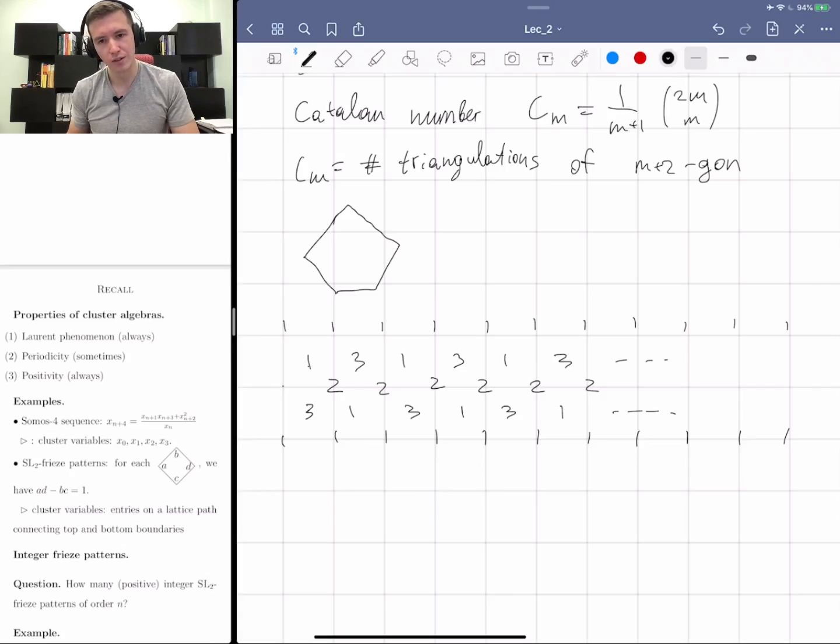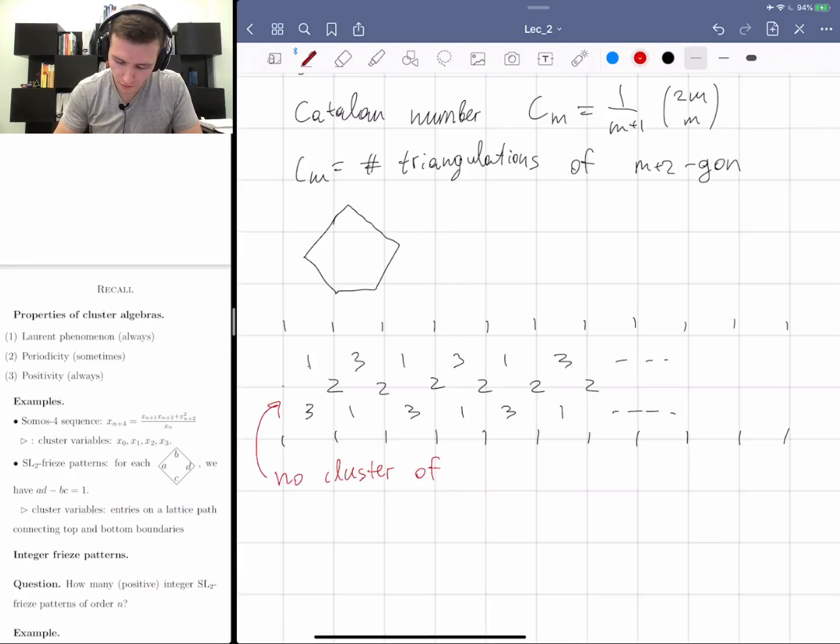Is that an SL2 frieze pattern? So here there is no cluster of ones. You cannot draw a lattice path from top to bottom that would consist only of ones. And yet somehow it's an integer frieze pattern.